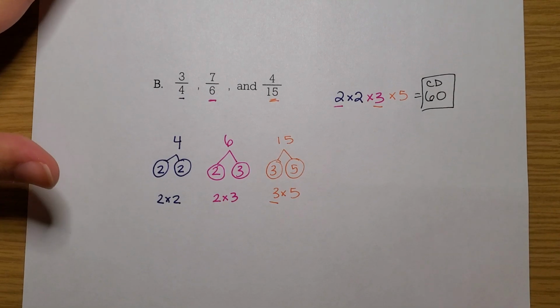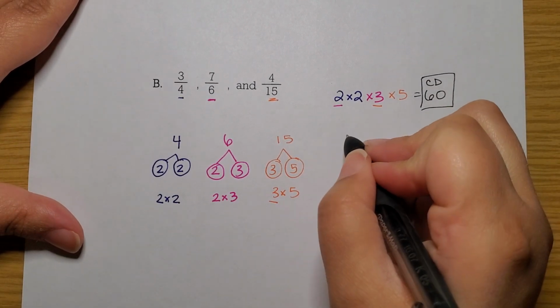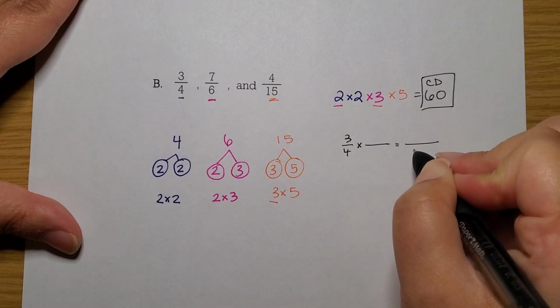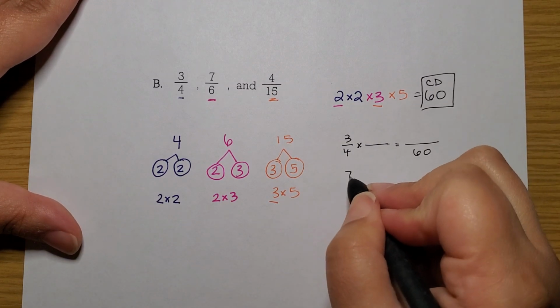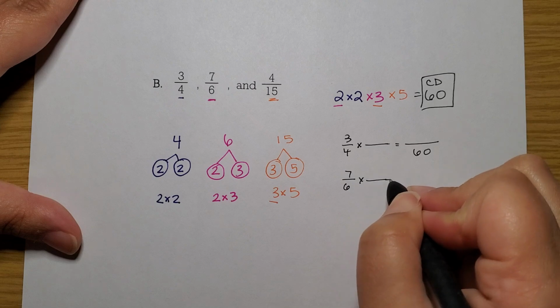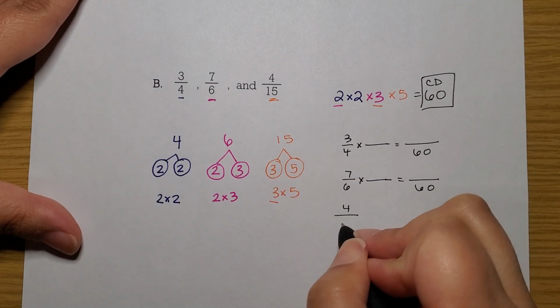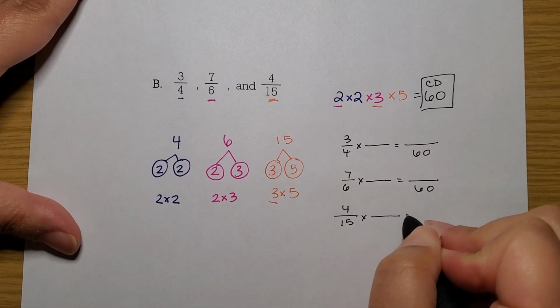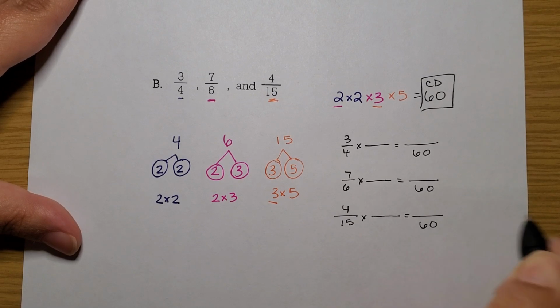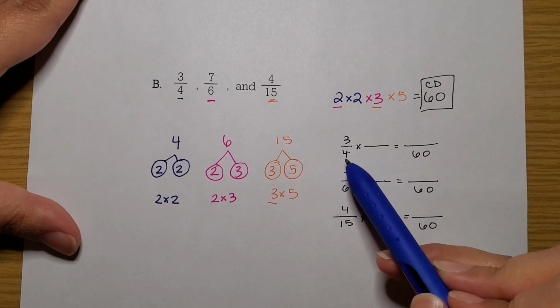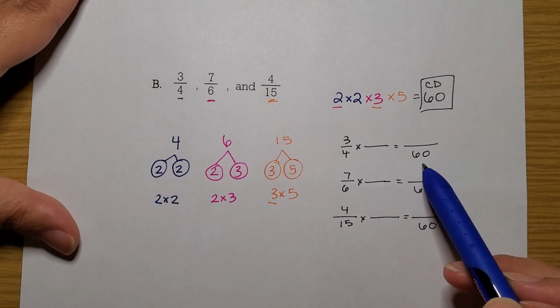All right, so now let's rewrite each of our fractions. We have 3/4, 7/6, and 4/15. Now, how many times does 4 go into 60?